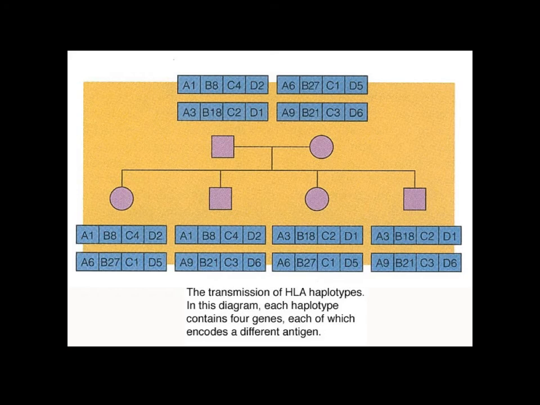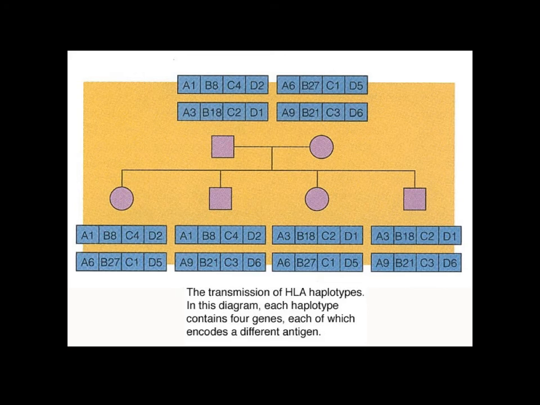He has HLA-A1 and HLA-A3. Remember that Dad's got 2 chromosome number 6s. Maybe he received A1 from his mom, maybe he received A3 from his dad, or vice versa.